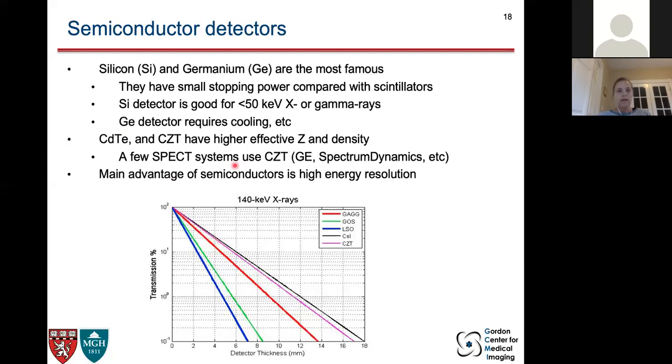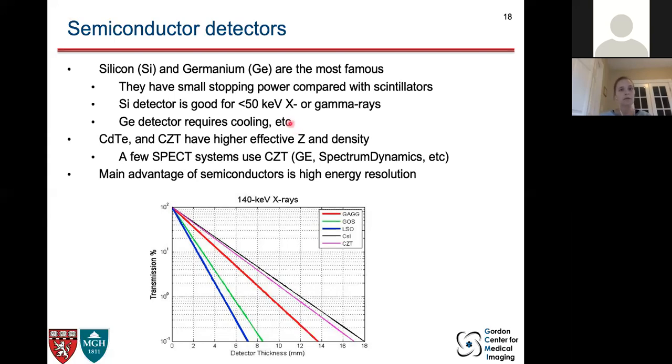So these two types are the ones that are explored for nuclear imaging applications. Silicon and germanium, which have even lower stopping powers, are not really interesting for these applications. They're good for lower energy X-rays or gamma rays. One problem is that they also require cooling to reduce the thermally induced noise.